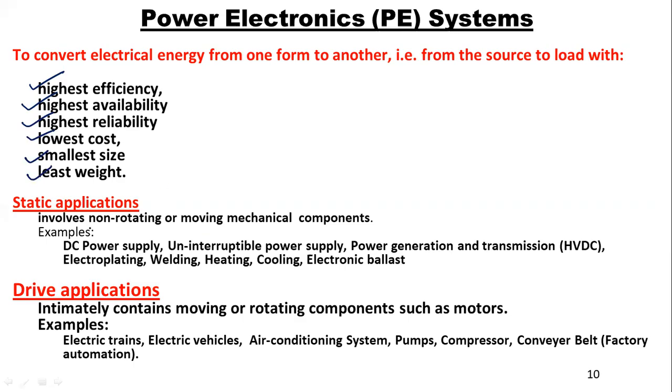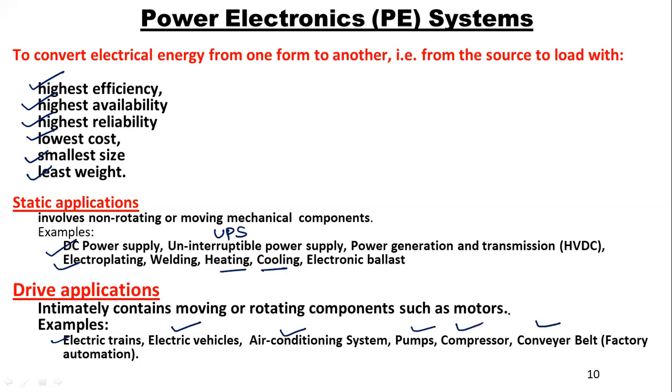Then we can talk about the applications of power electronics. It can be used as a DC power supply. In the UPS, you might be having a UPS at your home, uninterrupted power supply, then HVDC, heating, cooling, welding, then drive applications like in electric vehicles, the control panel will have a converter, electric trains, air conditioning systems, pumps, compressors, conveyor belts, everything.